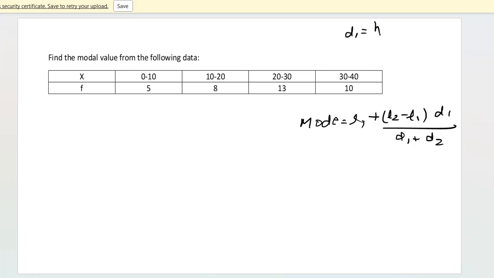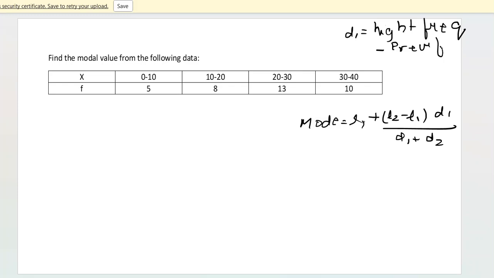D1 is the highest frequency minus the previous frequency, whereas D2 is the highest frequency minus the next frequency.